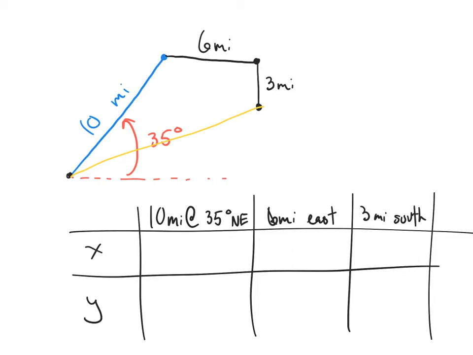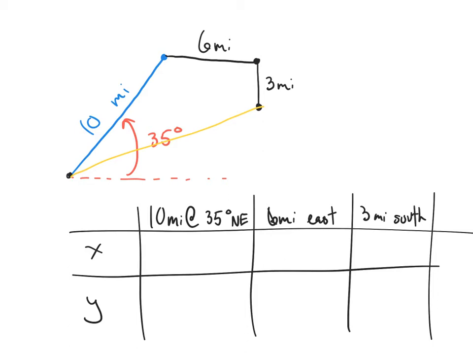Now, the ones going east and south only, you don't have to worry much about those components because they don't have 2 parts. But the first one does. How do I find my x component? The x component of any vector whatsoever. You can go right to the formula sheet if you forget, or you could remember from velocity, where you find Vix and Viy. How did you find Vix and Viy?